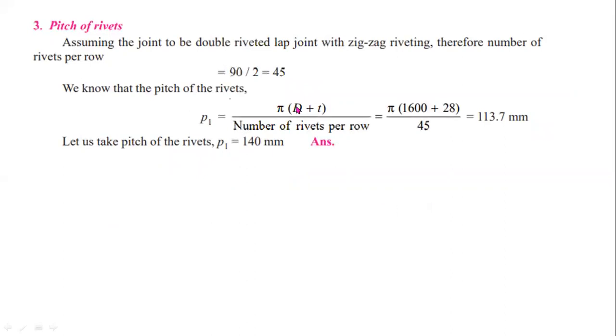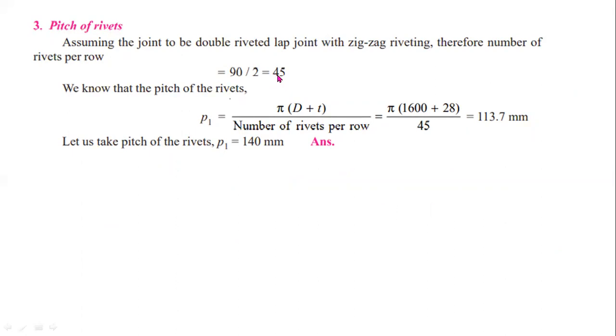After that, you have to determine the pitch of rivets for the circumferential joint. Assuming the joint to be a double riveted lap joint with zigzag riveting, the number of rivets per row equal to 45.